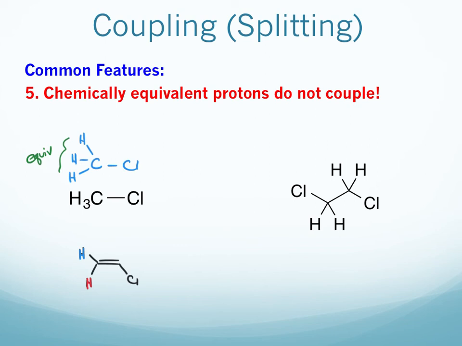This example here on the right, though, is one that will sometimes give people a little bit of trouble because we do have neighboring carbons. And it's very tempting to just want to say, oh, well, these protons here on the blue carbon will couple with the protons on the red carbon because they're neighboring. But what we see is that these two, or I should say these four hydrogen, are chemically equivalent.